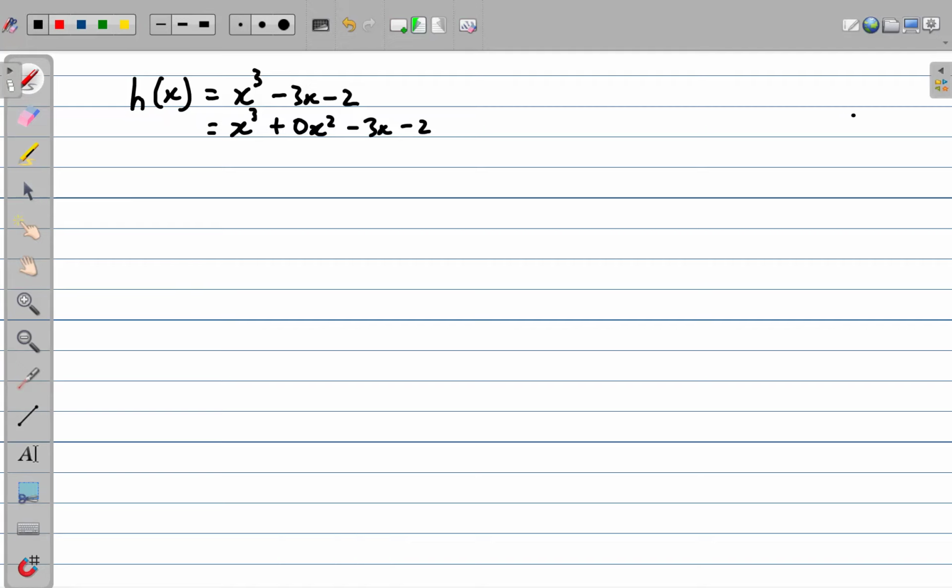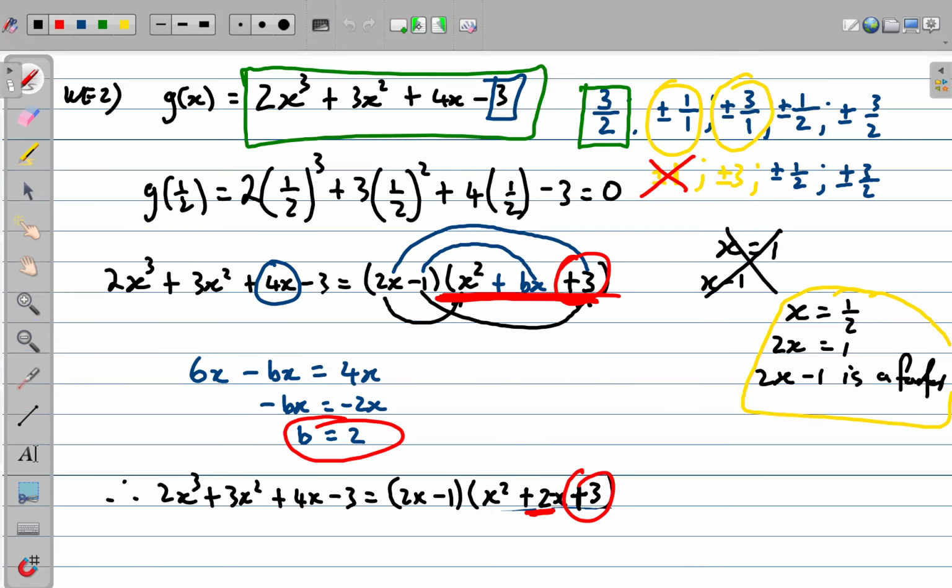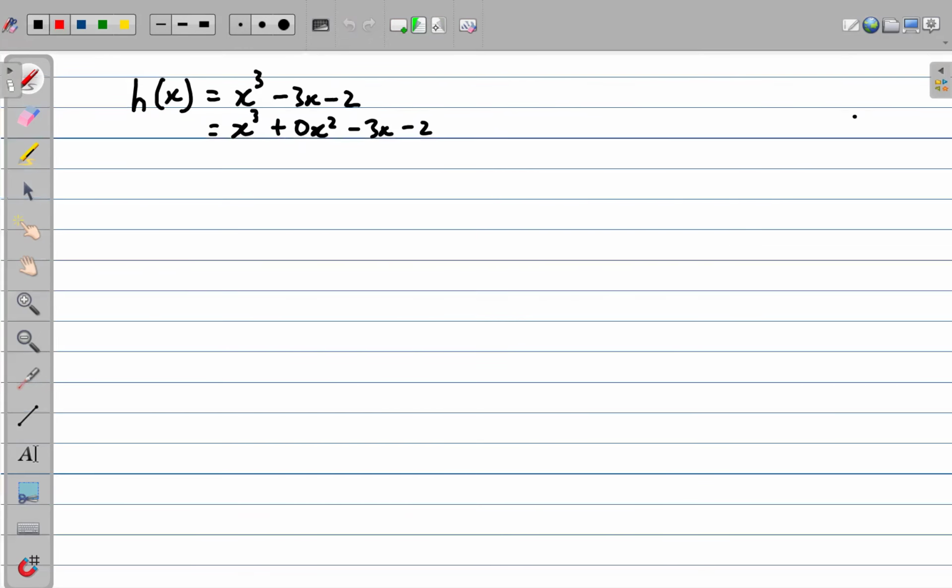So for those of you who prefer using the squared term to find the coefficient b, when it comes to this one, you have to equate those to 0. Just beware of that. Right, and I think I'll do it both ways.